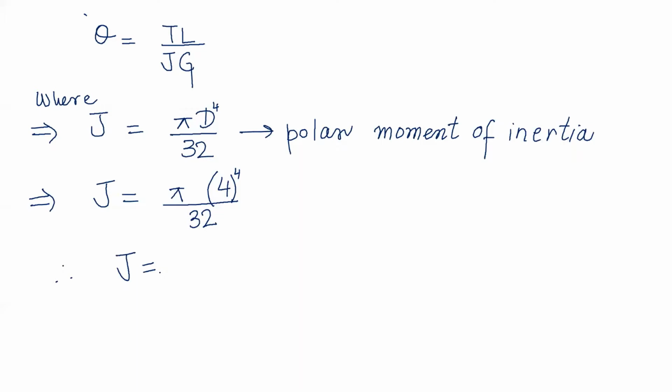The answer is coming out to be 6.282. Let me check another time: 3.141 multiplied by 4 raised to the power 4, not cube, divided by 32. So the answer is coming out to be 25.12.